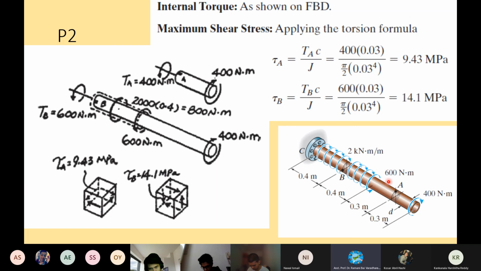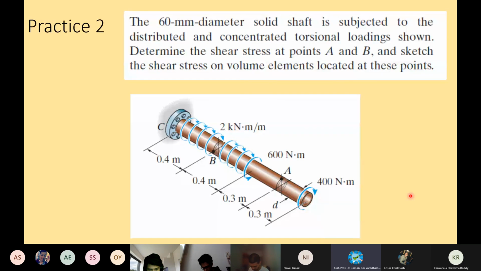Additional point moment is also given, and the shaft is defined by A, B, C. A little bit longer here, with another moment at 400 Newton meter acting at the end. The diameter is given. How much is the diameter? 60 millimeter diameter. Okay.